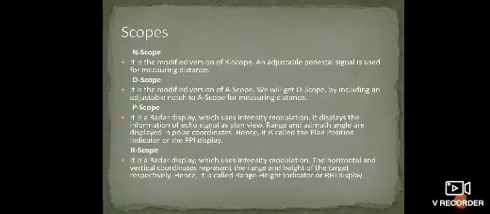And the next one is the N scope. It is a modified version of the K scope, and an adjustable pedestal signal is used for measuring distance. The next one is the O scope. We have a number of types, and under that we have this O scope. It is a modified version of the A scope. We get the O scope by including an adjustable notch to the A scope for measuring distance.